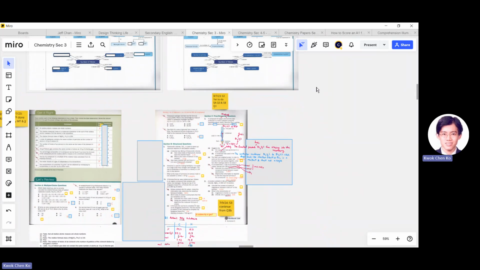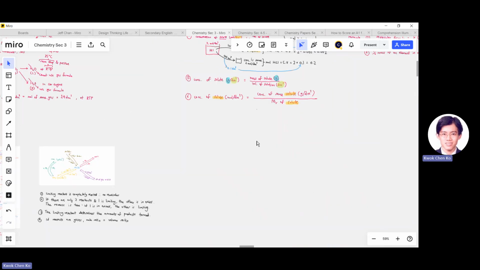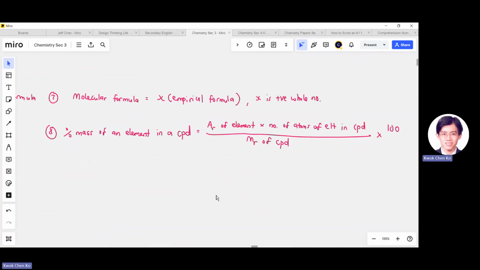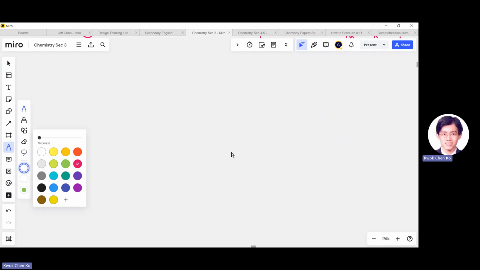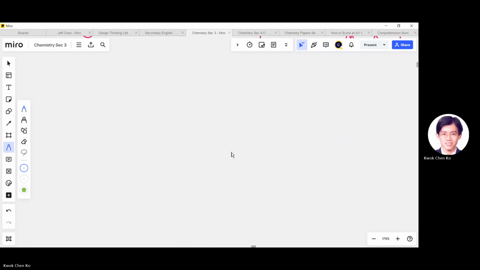Now, let me just give you a random question which should come up. Very simple. Make sure you know the principle behind it. Now, let's say I have this. You should recognize what it is. Ethan, what is this? Now, very simple. I want you to calculate the percentage mass of nitrogen in ammonia.